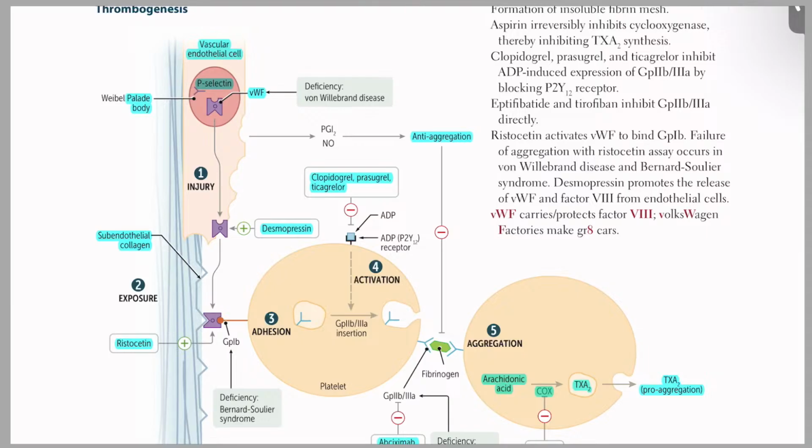Clopidogrel, prasugrel, and ticagrelor inhibit ADP-induced expression of GP2B3A by blocking P2Y12 receptor. Eptifibatide and tirofiban inhibit GP2B3A directly.